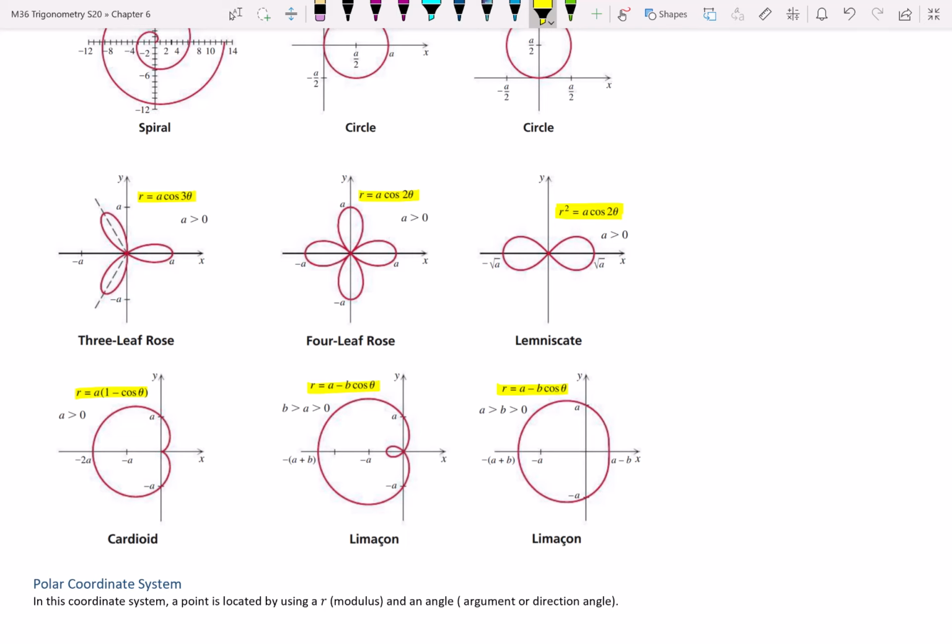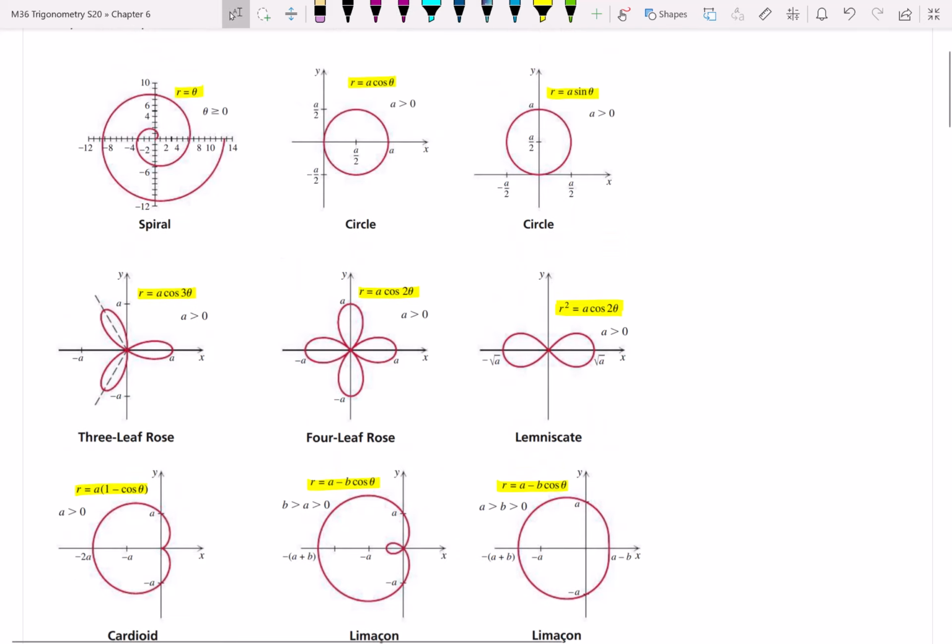So this is just a few different ways you can produce different designs for your project later on. If you want a flower, you're going to focus on this equation. If you want a loop-de-loop inside of a circle, you're going to focus on this equation, r is equal to a minus b cosine of theta.